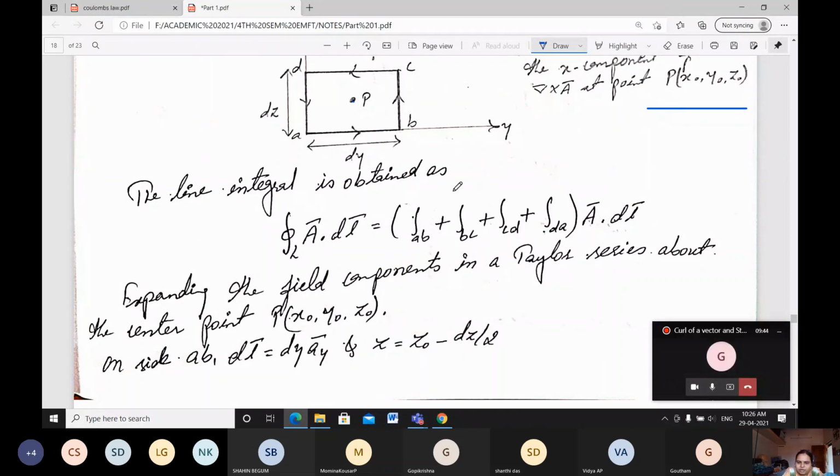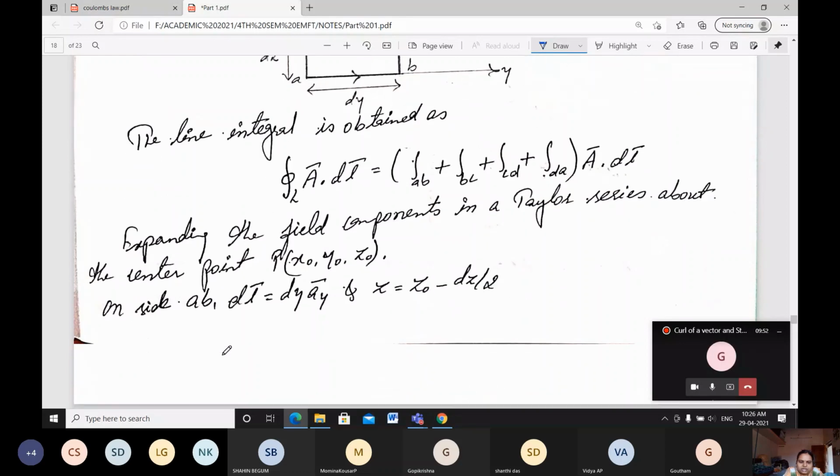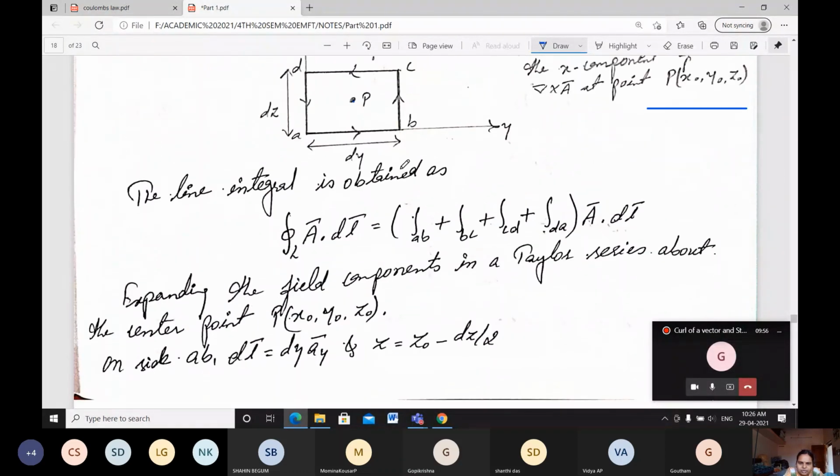Then expanding the field component in a Taylor series about the center point P, x0, y0 and z0. For the side AB, our dl is dy ay, it is moving only in this direction, and z is z0 minus dz by 2.